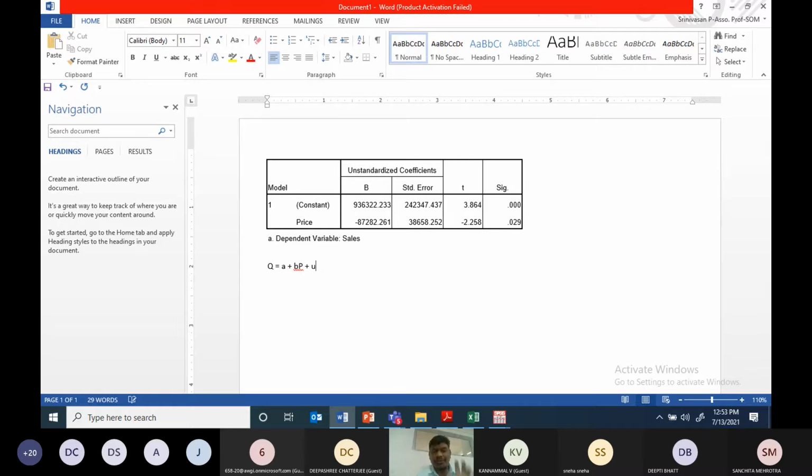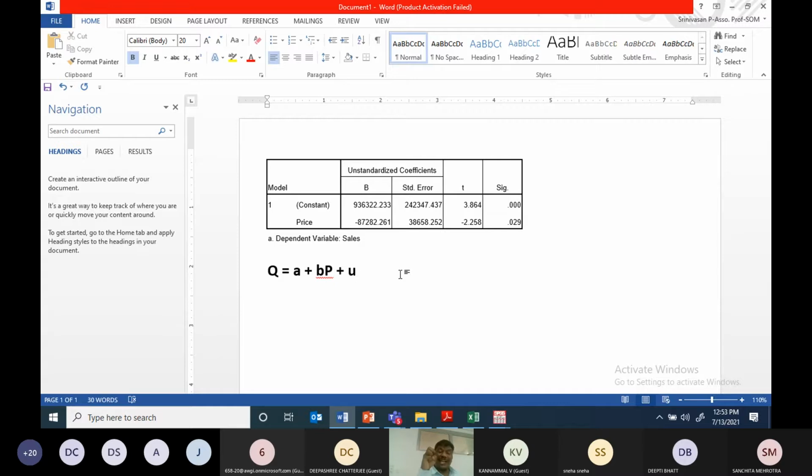What is u? The error component. Why did I introduce this? Because, keeping other factors remaining the same, constant, in theory I have to incorporate that in the model.